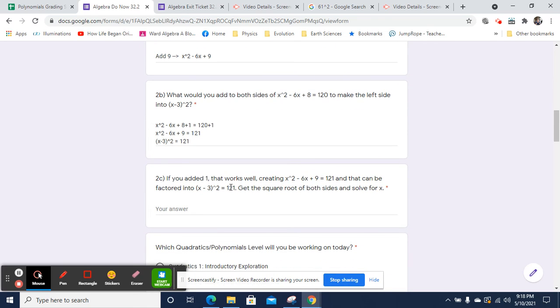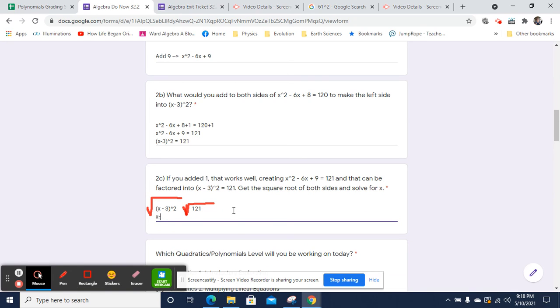And this is where we're going to solve for x. We can sort it out down to this level: x minus 3 squared equals 121. We're going to get the square root of both sides. To get rid of this square, the square root of a square cancels out, and we're left with x minus 3 equals 11 and x minus 3 equals negative 11.